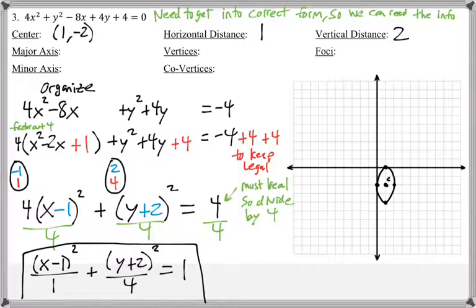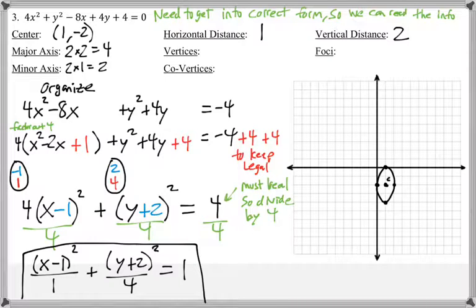So the longer length is the vertical length, so that will be the major axis. And you can see that it's 4 units long here. Technically we are multiplying the 2 by 2 to get the 4. And the minor axis is the horizontal because that's the shorter. And I'm technically multiplying this 1 by 2. But again, if you just want to look at the picture, that's actually easier.